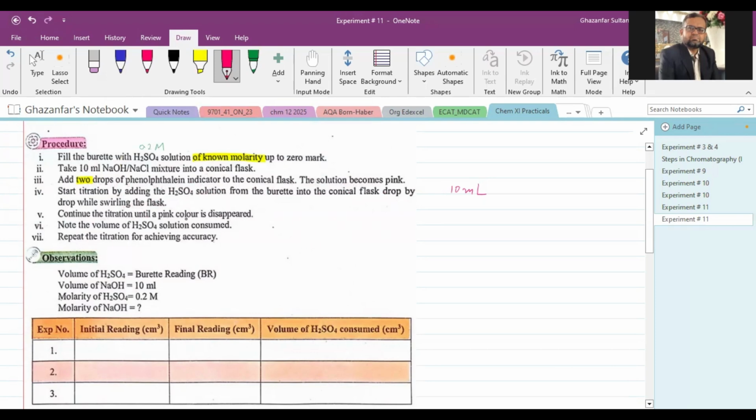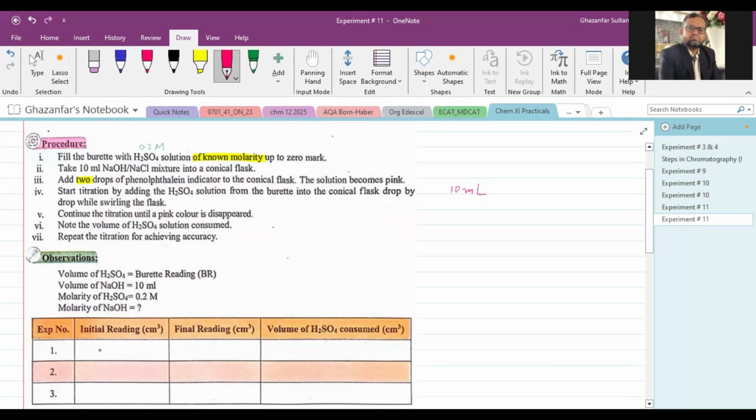Continue the titration until the pink color disappears. Perform this very carefully, because at a certain point, just after adding one drop, the color could disappear. Then note the volume of the solution and repeat the titration several times.